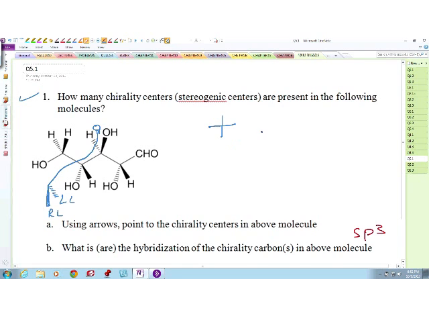Okay, what's on my right? OH, very good. On my left? Hydrogen. Okay, above me, let me bring this down a little bit. This group, above my chest. So let me say OH, say H, and then we have this here, this hydrogen, this OH, and then with this here.